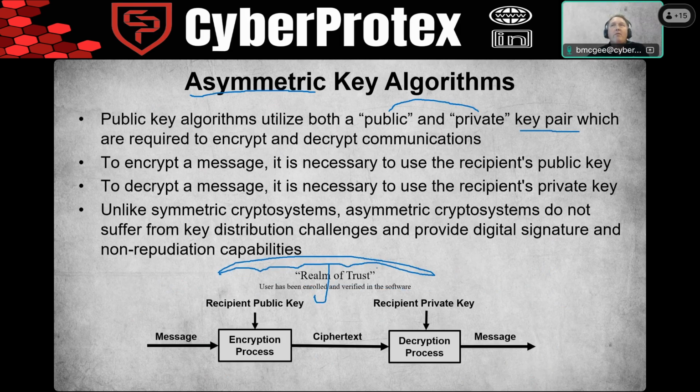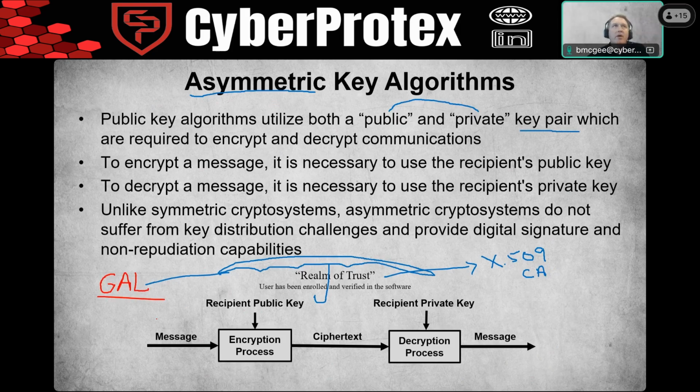Why do I draw it like this? Well, the realm of trust for the software is typically an X.509 certificate authority, a CA, and you get enrolled into this software. The easiest way to think about this in practice is the global address list, the GAL.